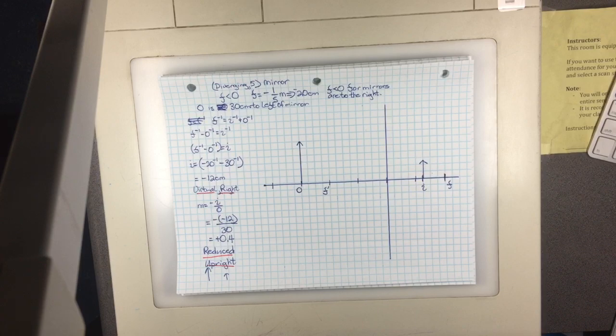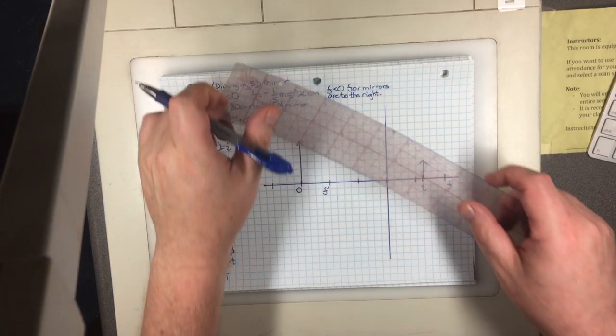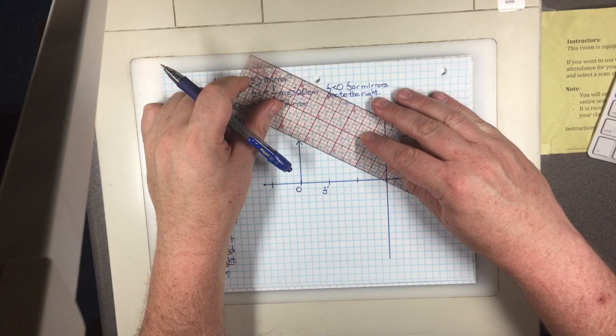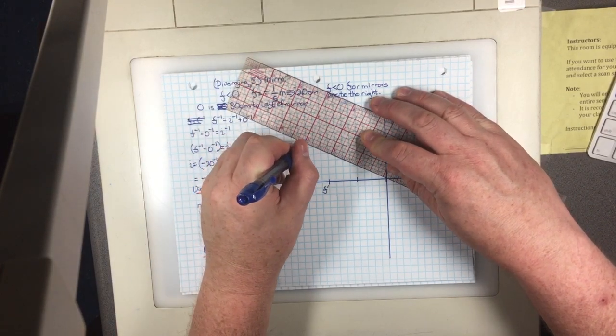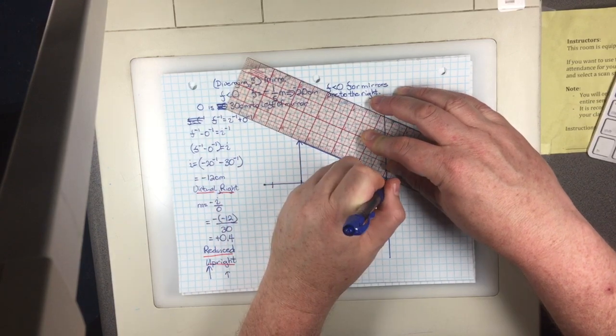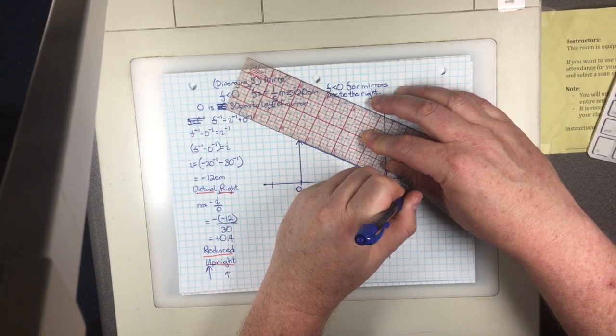The first ray, the easy ray, is a ray that if it passed through, it would just go like this, onward.